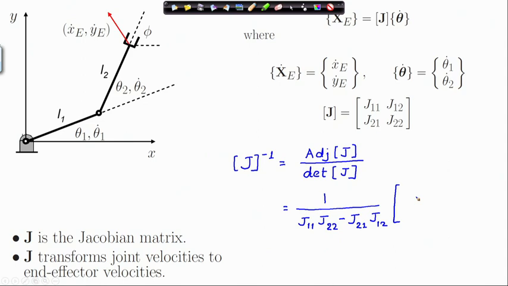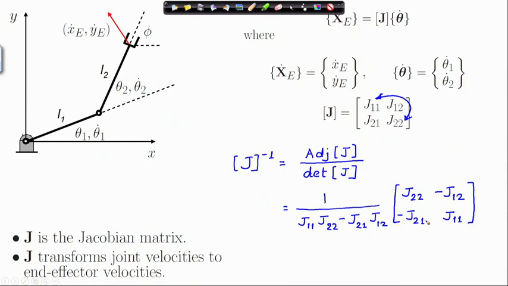You have to exchange the diagonal terms. That means, here you will have j 2 2 and here you have j 1 1. So, you exchange the diagonal terms and reverse the sign of the off-diagonal terms. That is the adjoint.